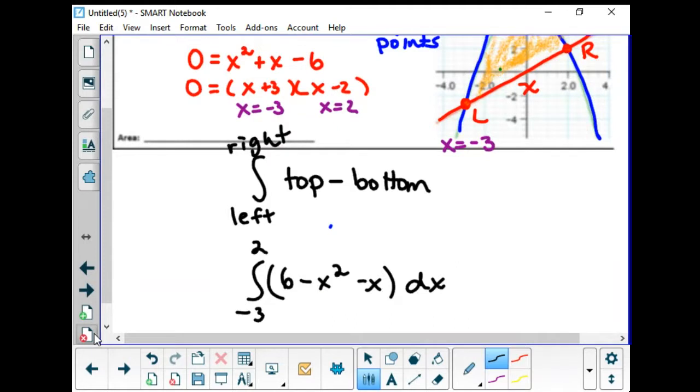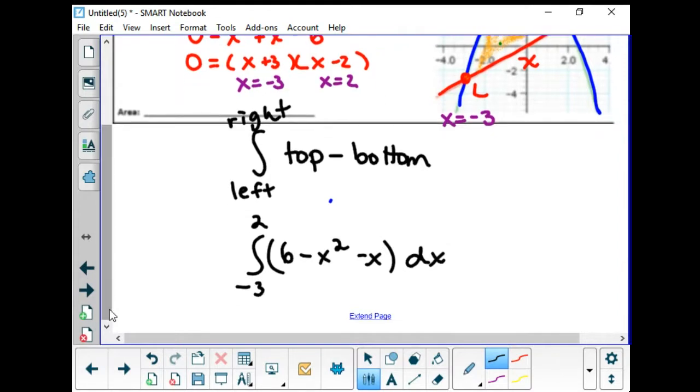Okay, I'll stop for a second there and let you guys catch up, see if you have a question about what's going to happen next or how I got to this part. Hopefully you're okay with now taking this setup and finishing the calculus.